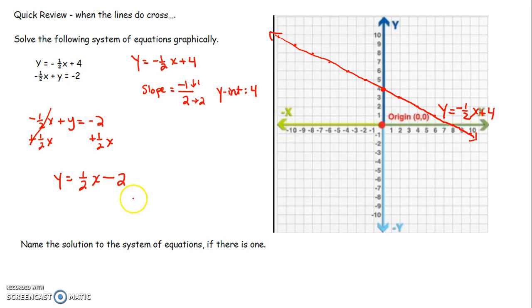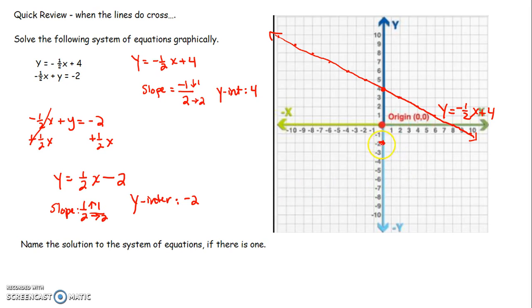All right, so now I'll plot my y-intercept. My y-intercept in this case is -2. So on the y-axis, I'll start down here at -2. And then my slope is now a positive 1/2. Slope of positive 1/2 says move up 1, move to the right 2.